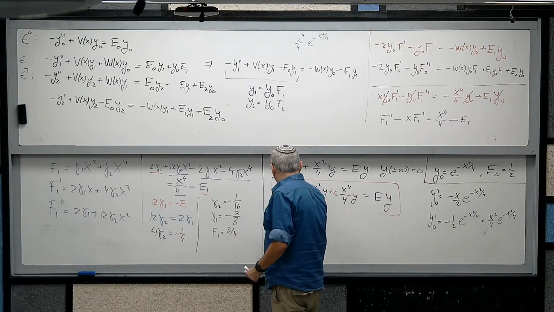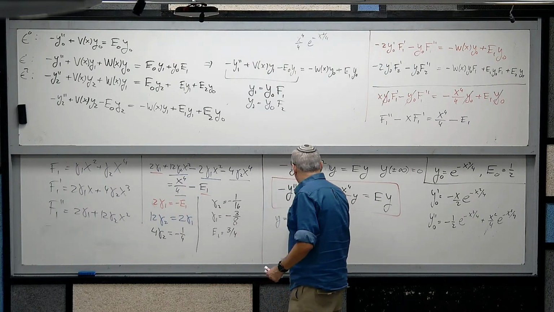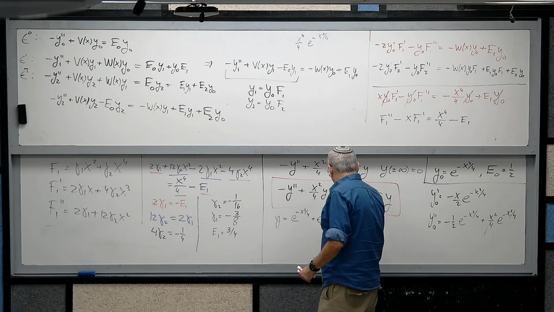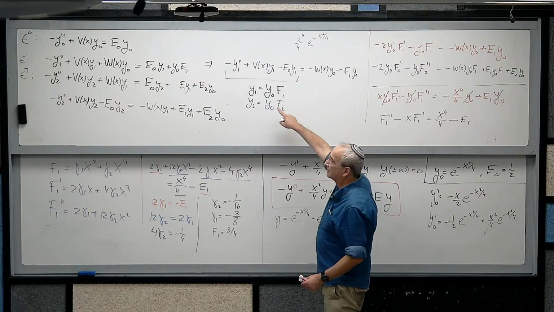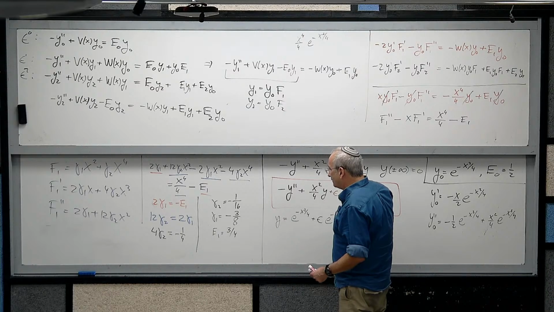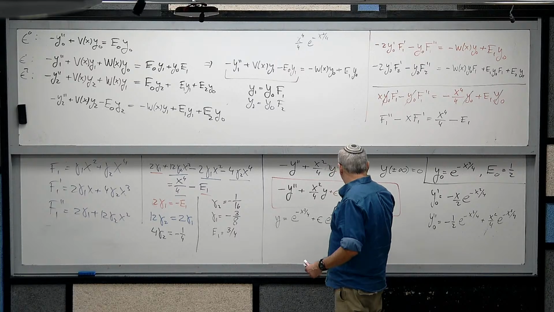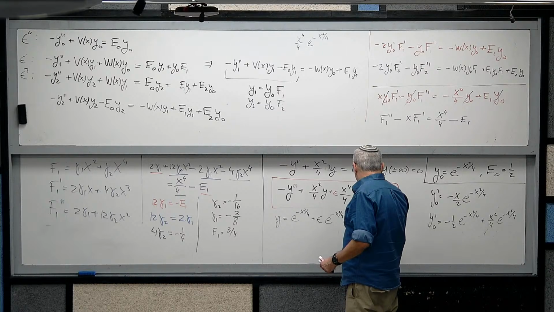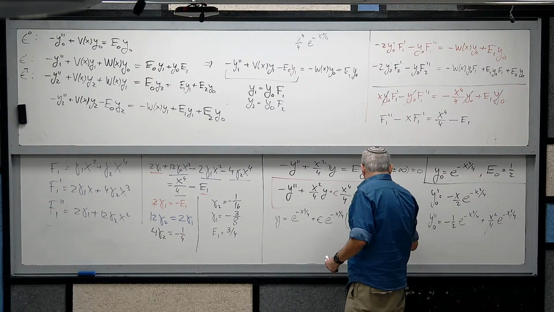We can write that y is equal to e to the minus x squared over 4, plus epsilon times e to the minus x squared over 4, which was the y naught, times f1, which is gamma 1, minus 3/8 x squared minus 1 over 16 x to the 4.